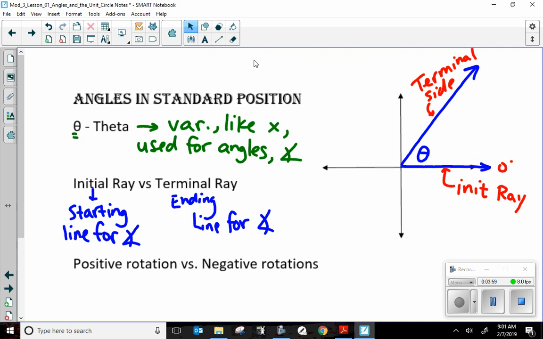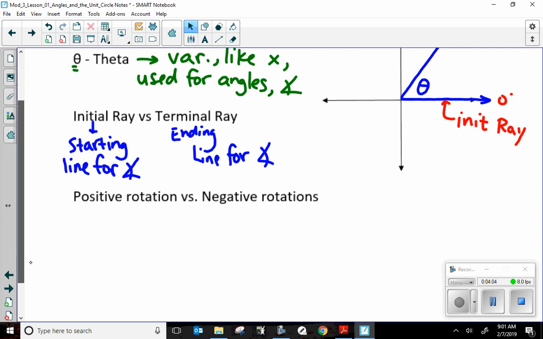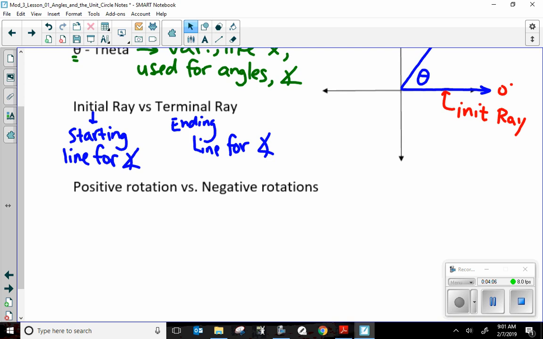Now, the last thing on this slide, all right, we can have a positive rotation or negative rotation, which can give us positive or negative angles. Positive rotation goes counterclockwise.